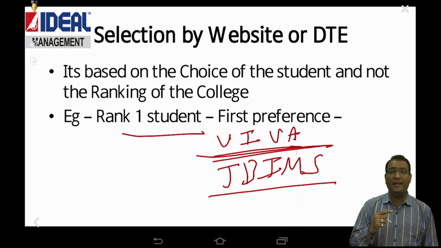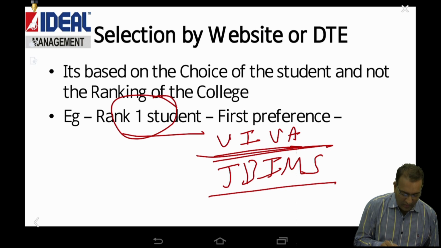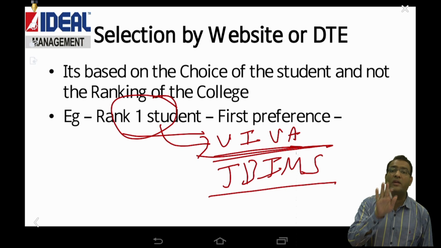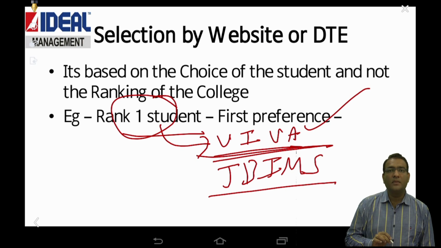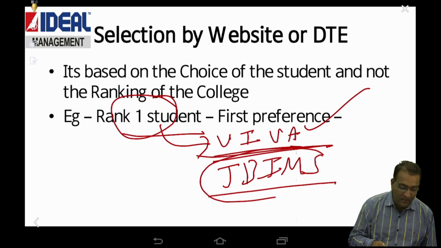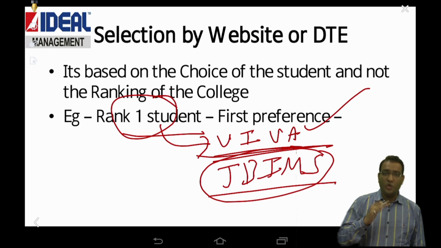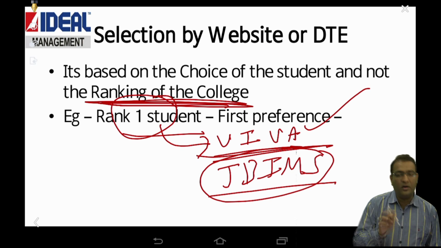The way the system takes it is, the rank 1 student has written his first preference as Viva. That means he wants to get into Viva. He'll get this college, he will not be given the other college. Please understand this. It is not based on what the ranking of the college is.